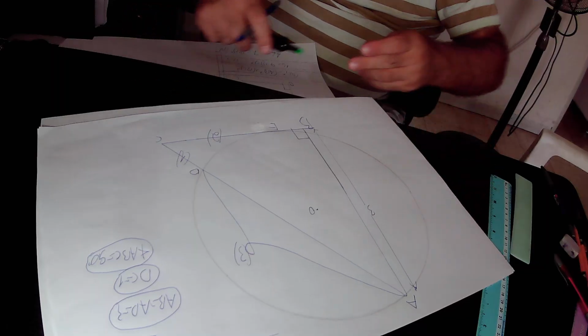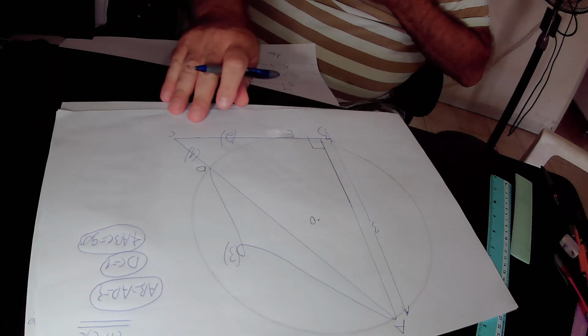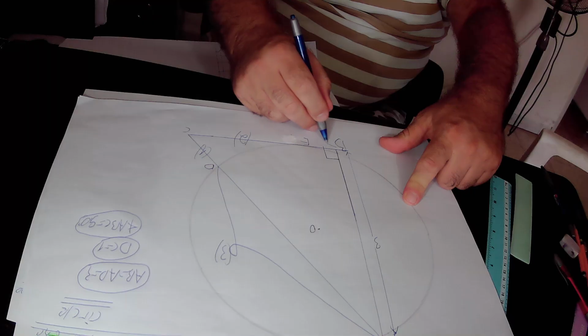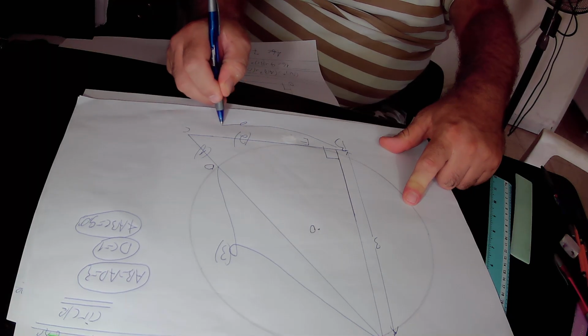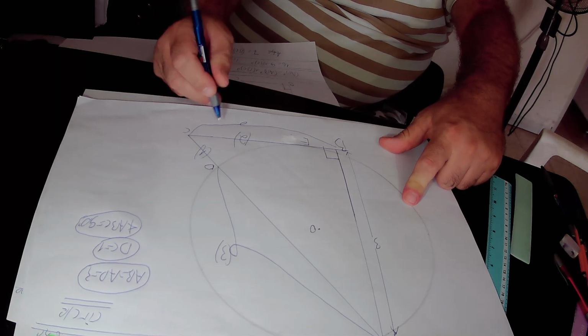So this is side BC, that equals the square root of 7 units in its length.